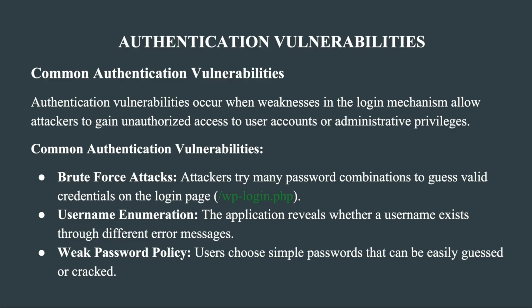Another vulnerability is username enumeration, where an attacker identifies valid usernames by analyzing login responses. Weak password policies are also a problem because many users choose simple passwords that can be easily guessed or cracked.